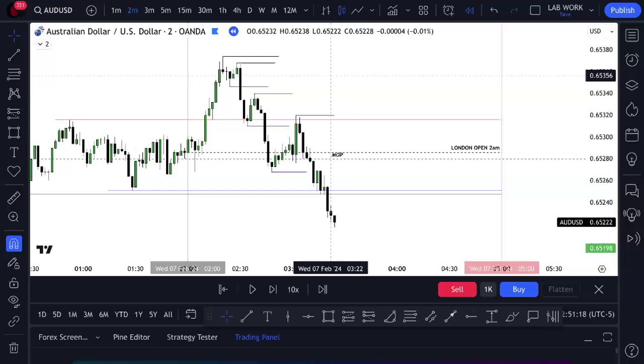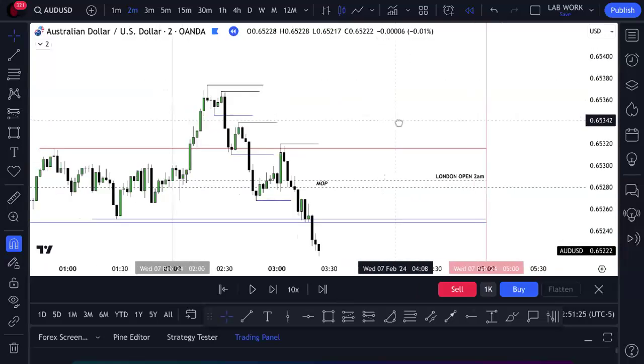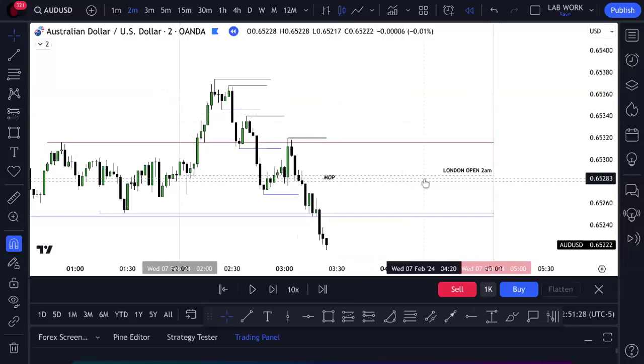Sometimes not moving your stop loss at all is really key, to be honest. Not moving your stop loss sometimes allows you to hold longer trades. Just being honest, that's what the data shows.